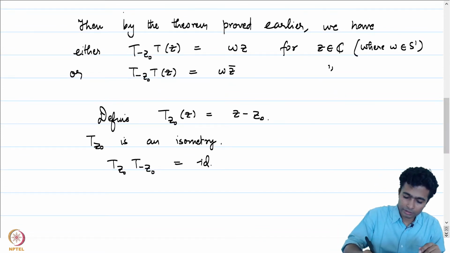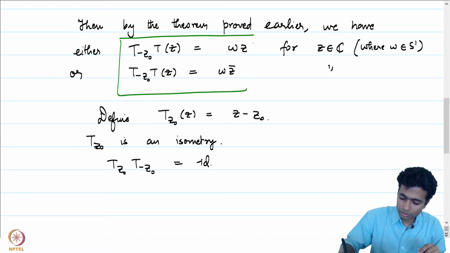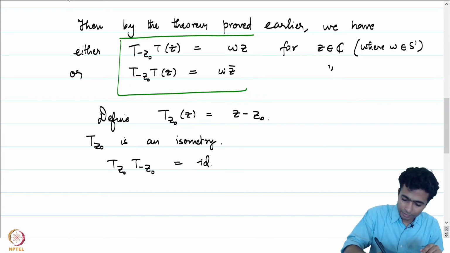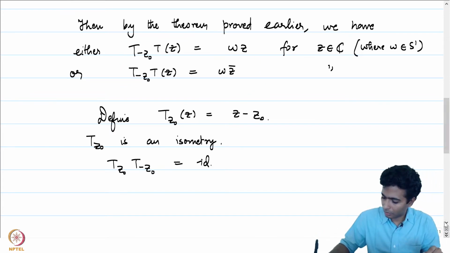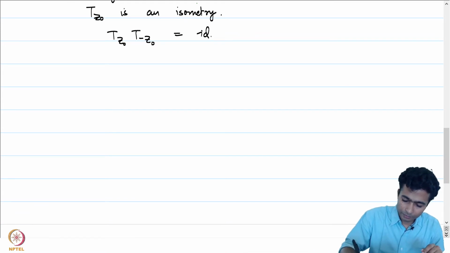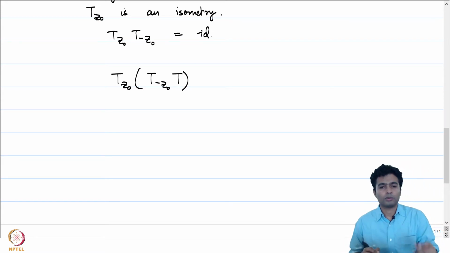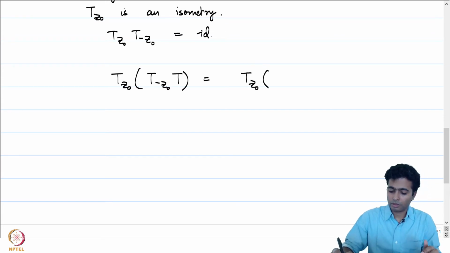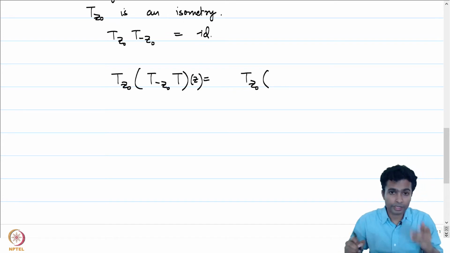And now let's go back to where we are. We are in this box that will be relevant for us. Let's see how. Then T z0 of T minus z0 composed with T, what is this going to be? Let's evaluate it at a point z.